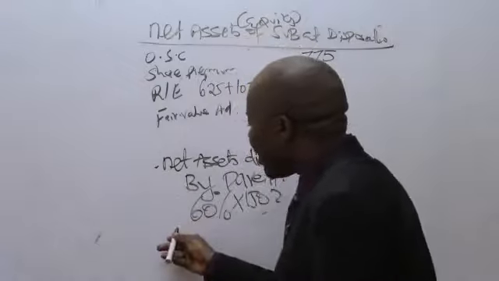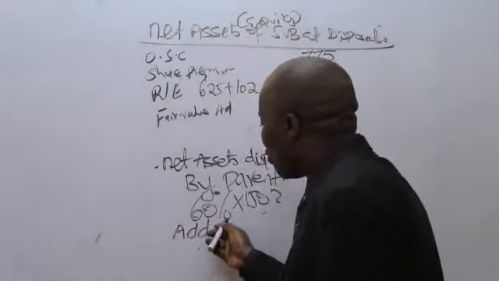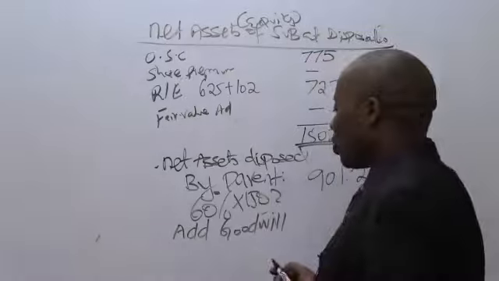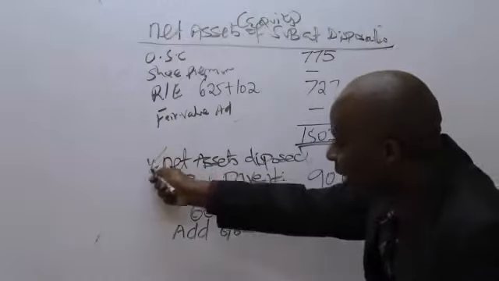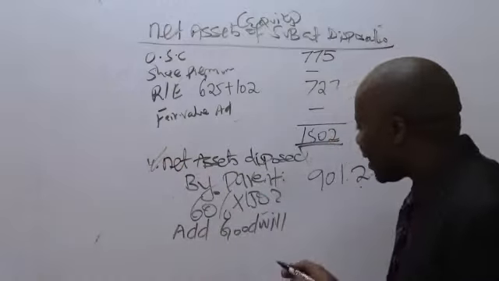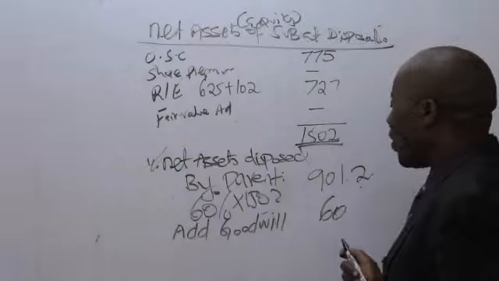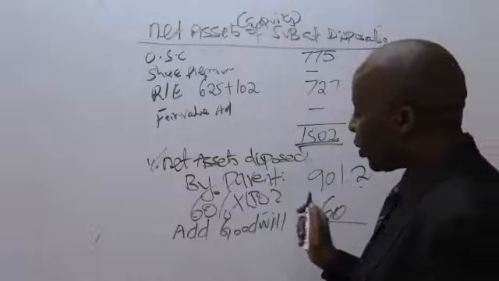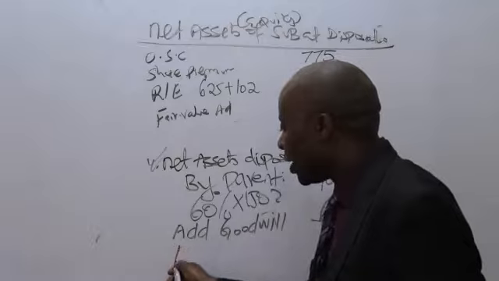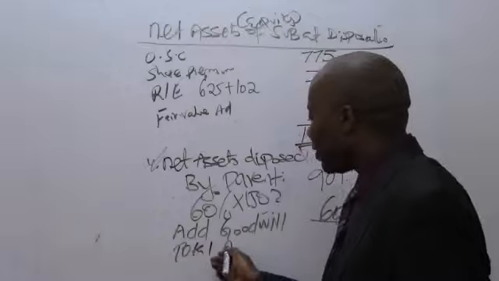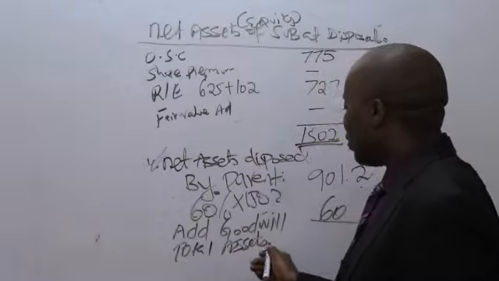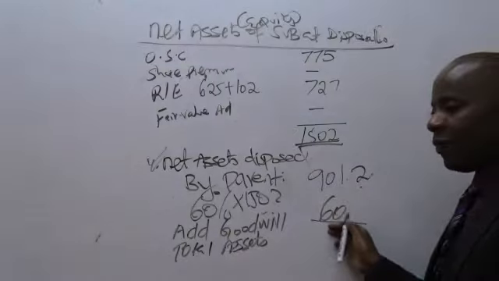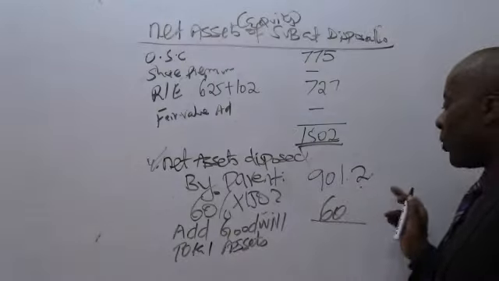These guys had an asset we call goodwill. So at the date of disposal, they had a different asset which is not here, called goodwill, worth 60. So the total assets disposed will be 901.2 plus 60.